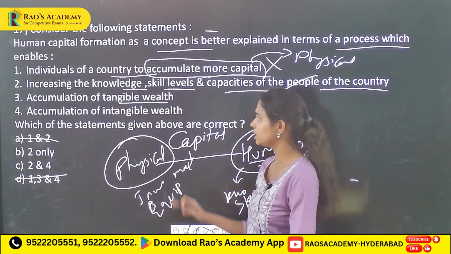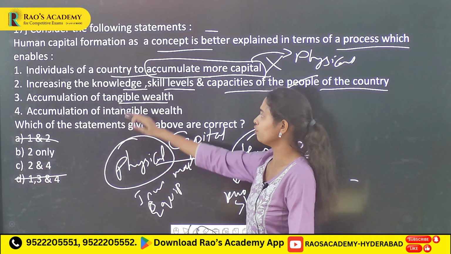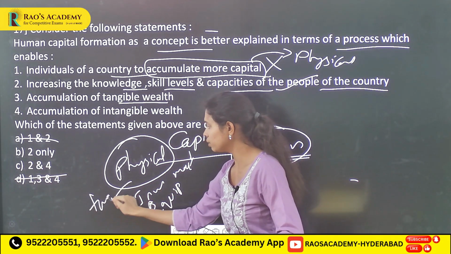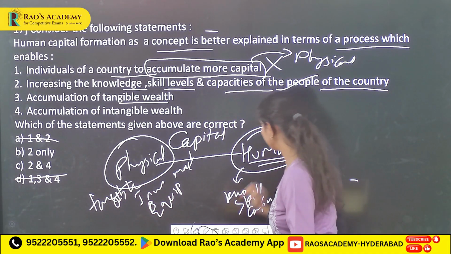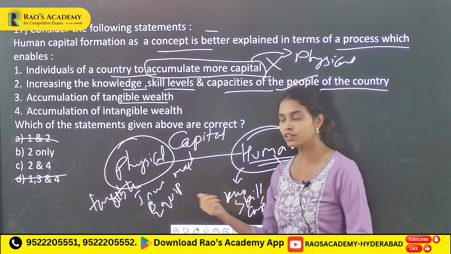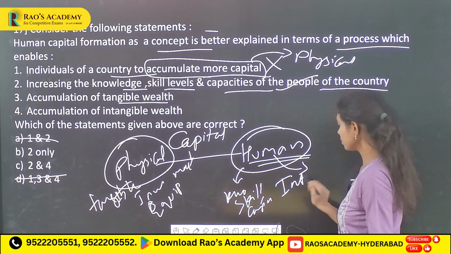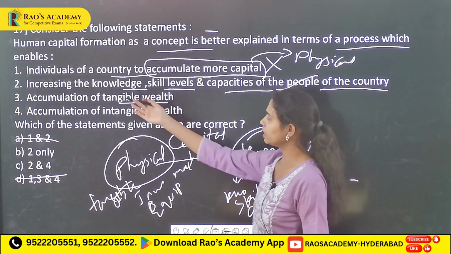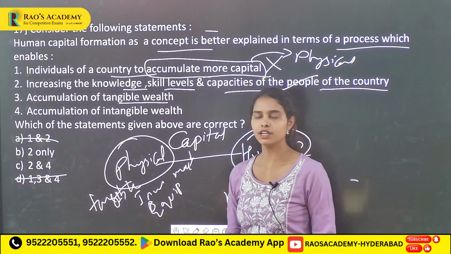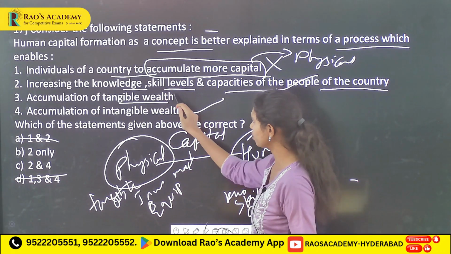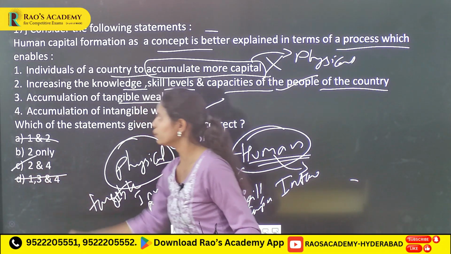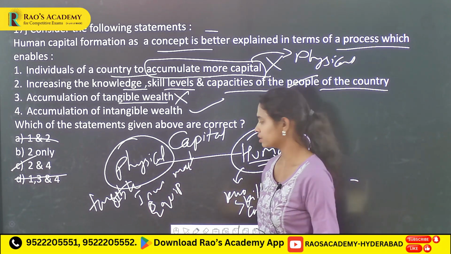If you see these two terms, tangible wealth and intangible wealth, the physical one refers to tangible wealth, whereas the human one, that means skill, knowledge, all of these abilities, is intangible in nature. As it has asked about human capital formation, which talks about the accumulation of intangible wealth, it is 4, not 3. So options 2 and 4 are the correct statements with regard to human capital formation.